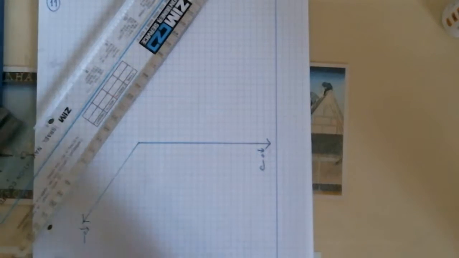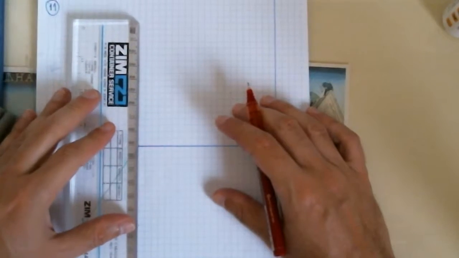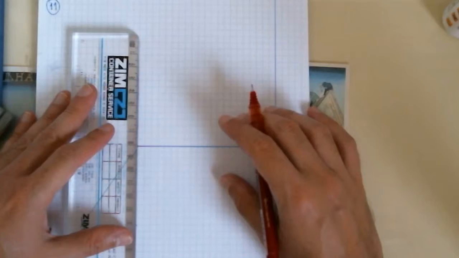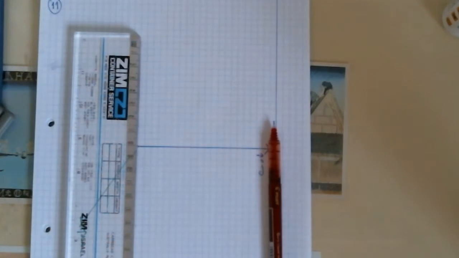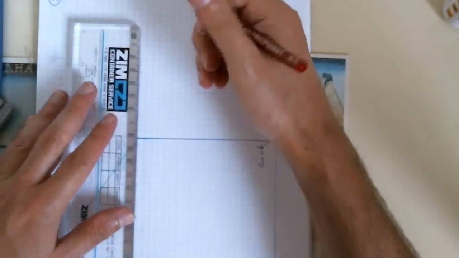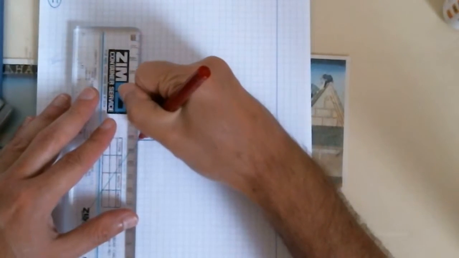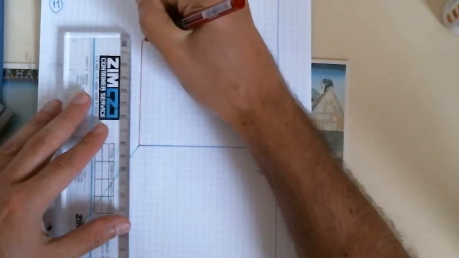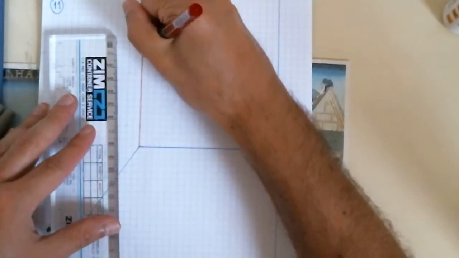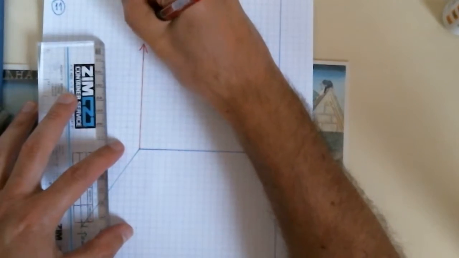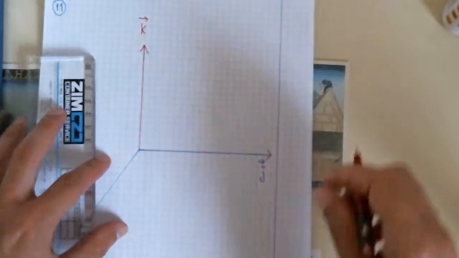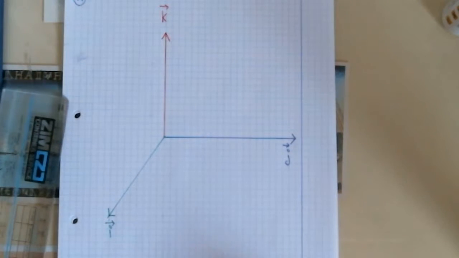And we have the K. So 8 centimeters upwards. And this is K. Okay, so I, J, and K.